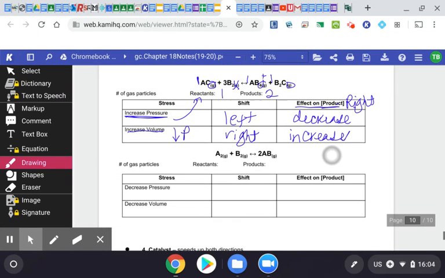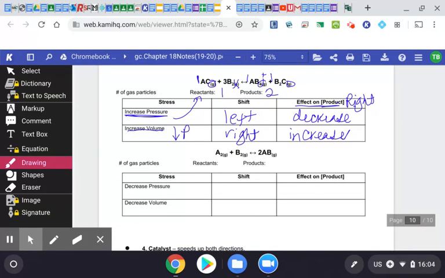Our last reaction here that we're going to look at, again, we're going to start by counting our number of gas particles. Here on the left-hand side, I have a gas and a gas, so I'm going to count both of those. Coefficients are 1 plus 1 for a total of 2 gas particles. On the right-hand side, it's also a gas particle, and here the coefficient is 2. So I have 2 gas particles. Notice these are the same.